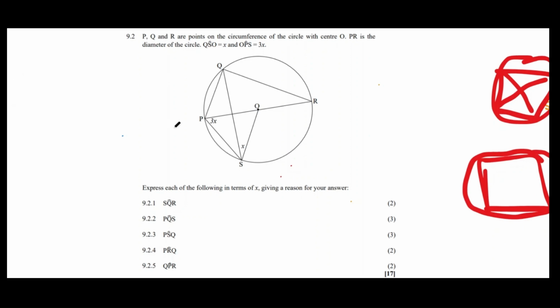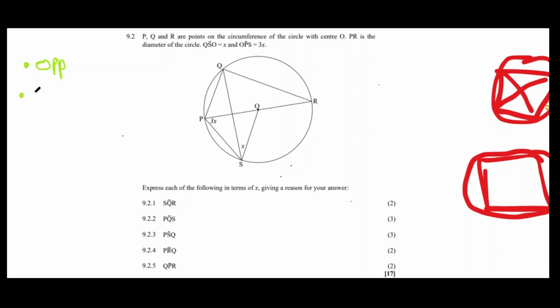Now, I want you to write down a list for yourself. If you have identified a cyclic quad, you need to write down all the cyclic quad theorems. One theorem we think of is that opposite angles of a cyclic quad are supplementary, equal to 180 degrees. We usually use that theorem when we want to calculate a second angle. In this case, we know that PSRQ is a cyclic quad, meaning P plus R will equal 180 degrees because opposite angles of a cyclic quad are equal to 180 degrees.